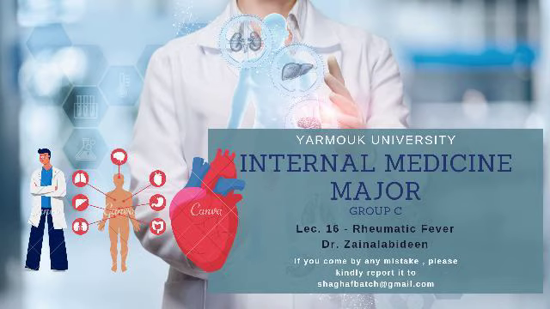Each one is approximately 0.5 to 2 centimeters. Sometimes you see big lesions. These are different lesions coalesced together. And these are firm, painless nodules on the extensor surface of bones and tendons.